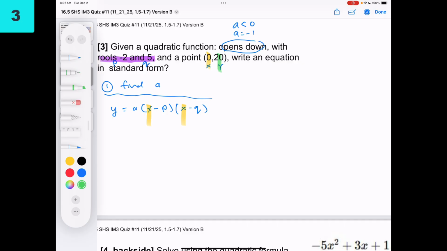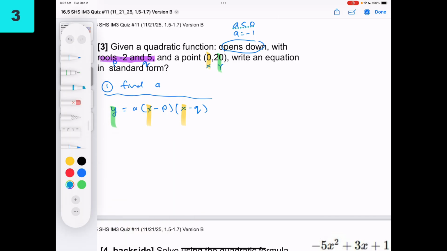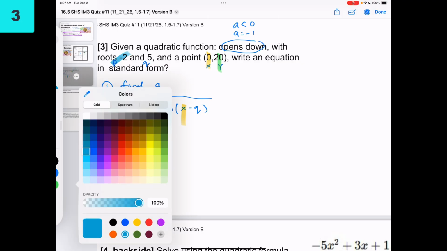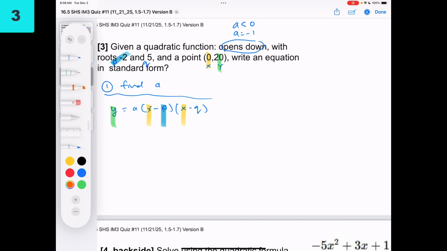Y is 20. I should erase this one. Okay, P is -2. And Q is 5. So let's go ahead and write down that information.